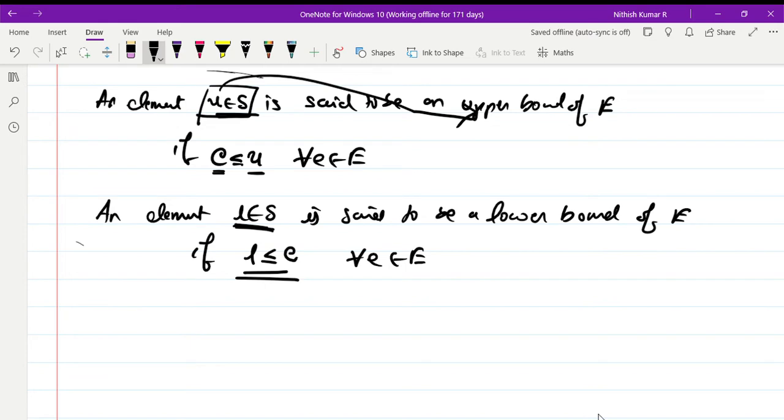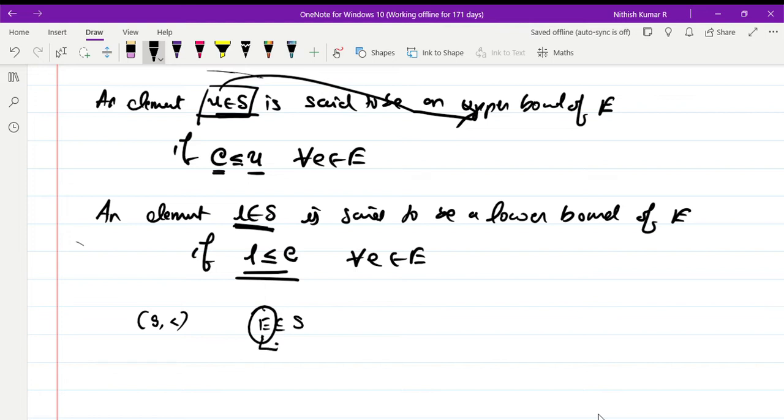Now in an ordered set, E is a subset of S. If E has lower bounds, then we say that E is bounded below.